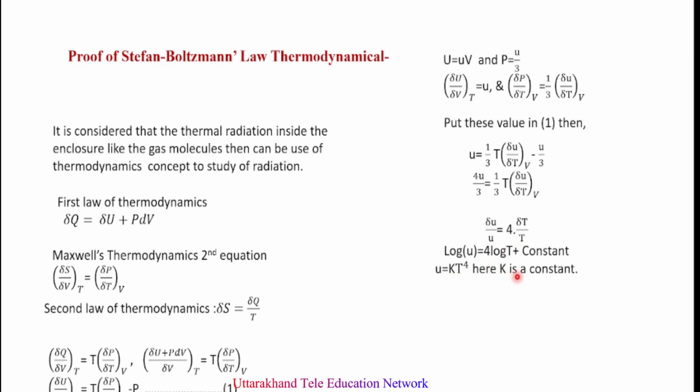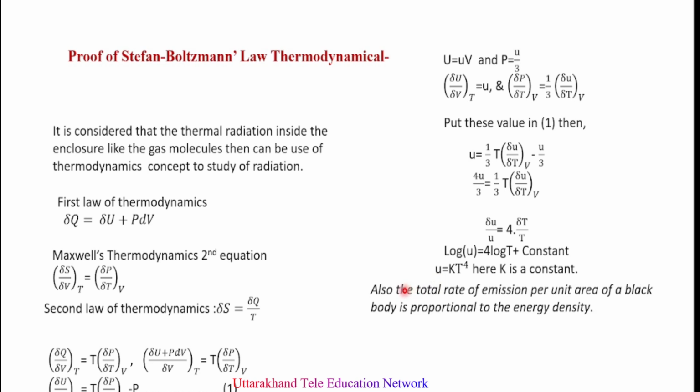But we also know that the energy density of the radiation is proportional to the total emission of the radiation per unit area. So the total rate of emission per unit area of a black body is proportional to the energy density. That means E is directly proportional to u.